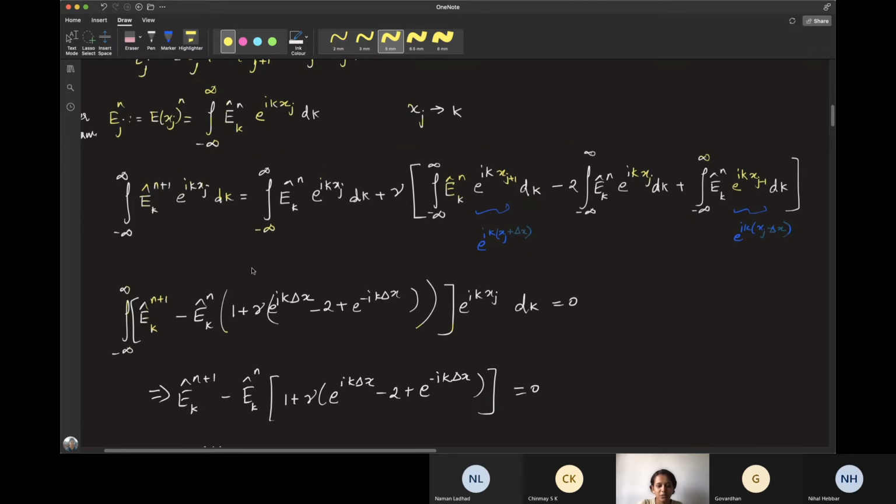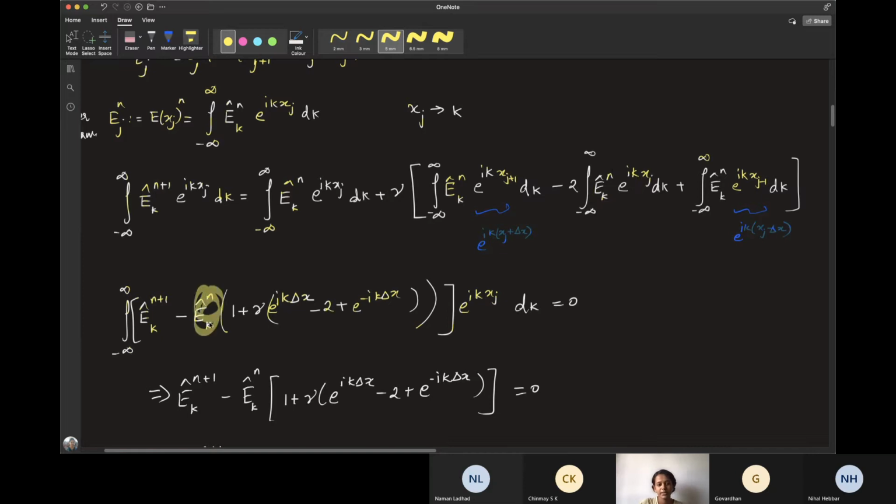I'm just writing this whole equation in a simple way. Since all of them have the same integral, and the integration is done over the same variable, I'm just writing them together. So e cap n plus 1 minus this term, and e power ik xj can be taken common outside, so you'll only have e power ik delta x remaining. Similarly here you have e power minus ik delta x, and this is just minus 2 here.